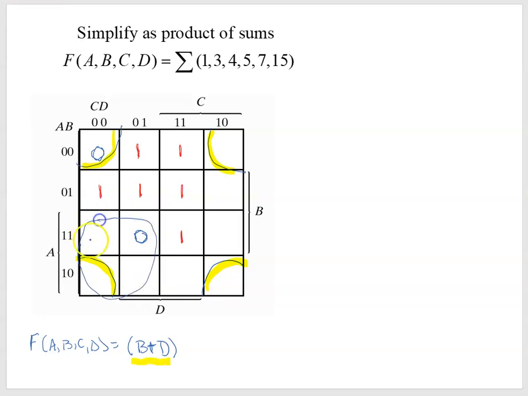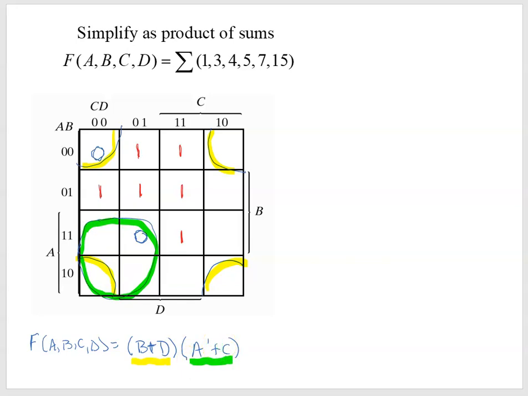In this one, A doesn't change, and it's a 1, so we're going to use A prime. And C doesn't change, and it's a 0, so we're going to use C. So we get A prime or C from these 2.